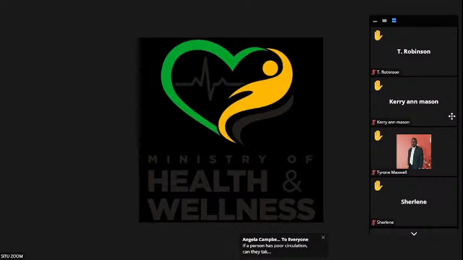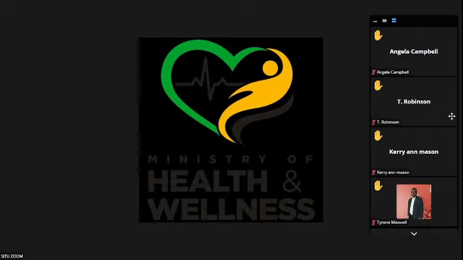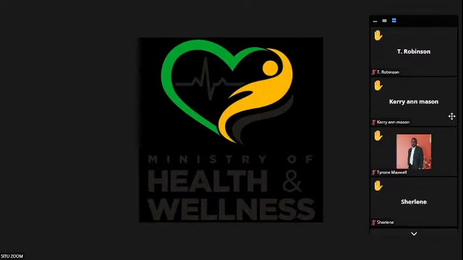But if you pull out the doctors, more doctors have been vaccinated or have accepted the vaccination than other members of the healthcare team. So overall, we are at about 65%. But for doctors in particular, it is higher.